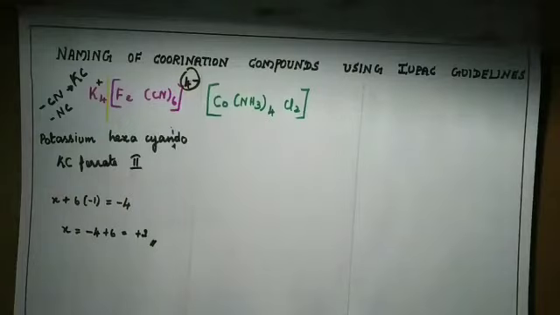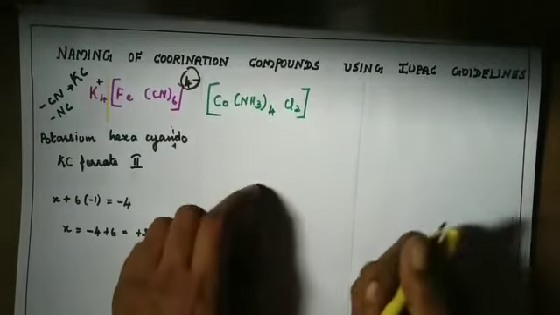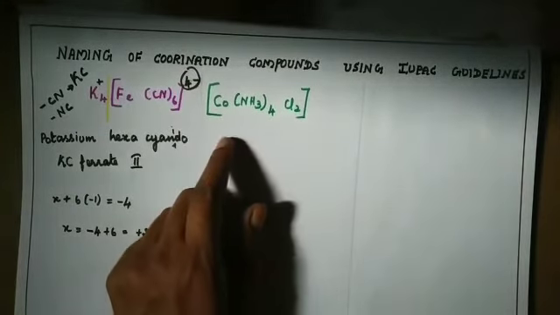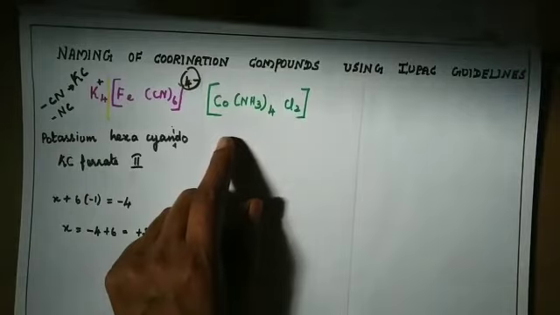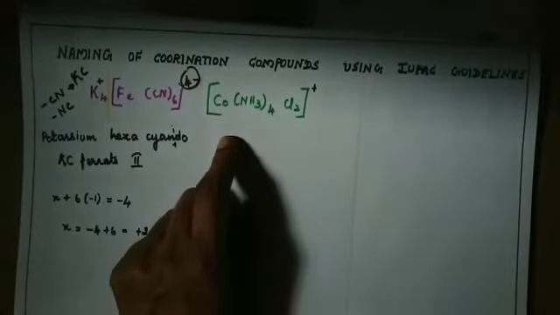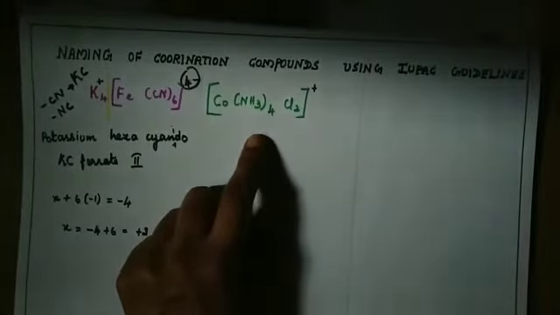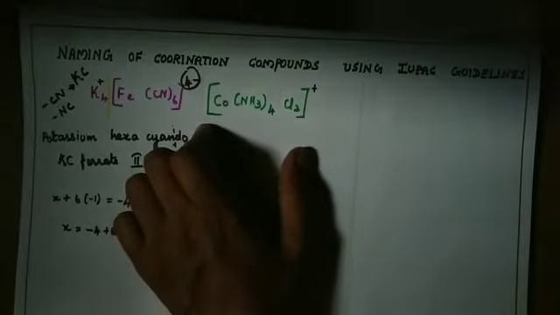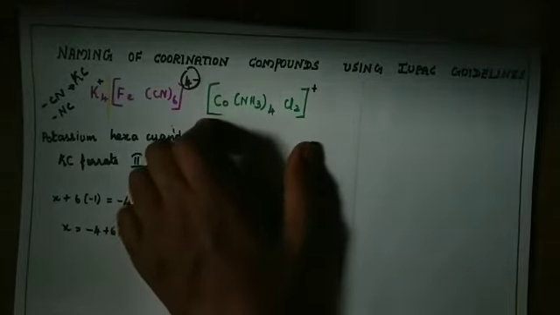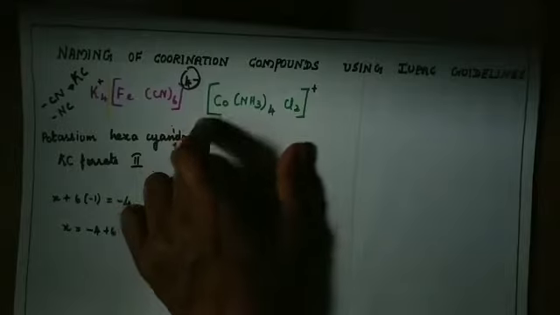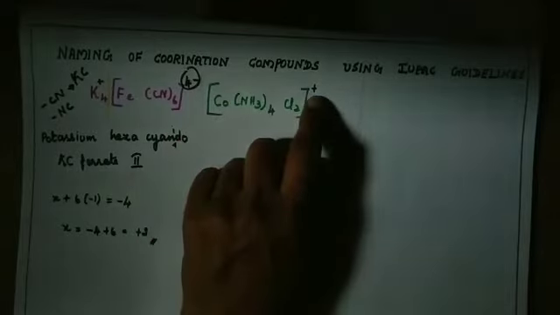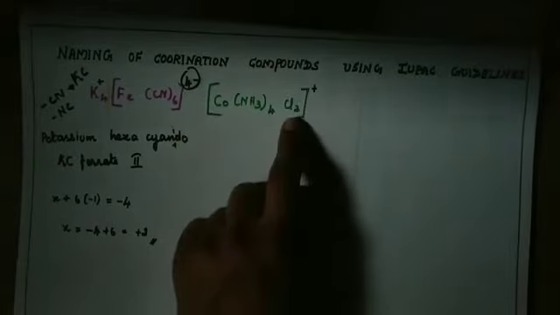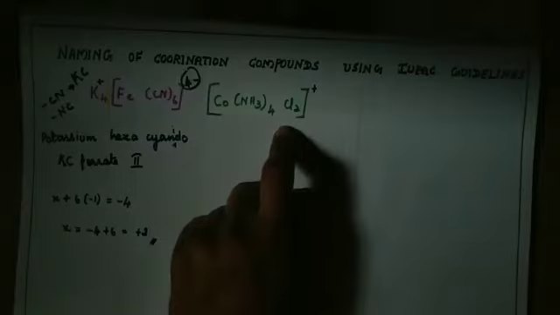Okay, in the next example, first we find out the cation and the anion. This is not a complex ion alone; positive charge is present, therefore it is the cation.